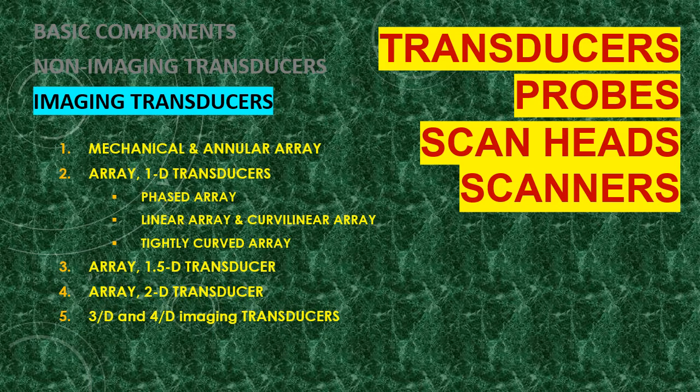And in this part, we're discussing the imaging transducers: the mechanical and annular array, one group, array 1D transducers like the phased array, linear array, curvilinear, and tightly curved array, and the 1.5D array transducers, also 2D array transducers, and lastly we'll discuss the 3D and 4D imaging transducers or techniques.